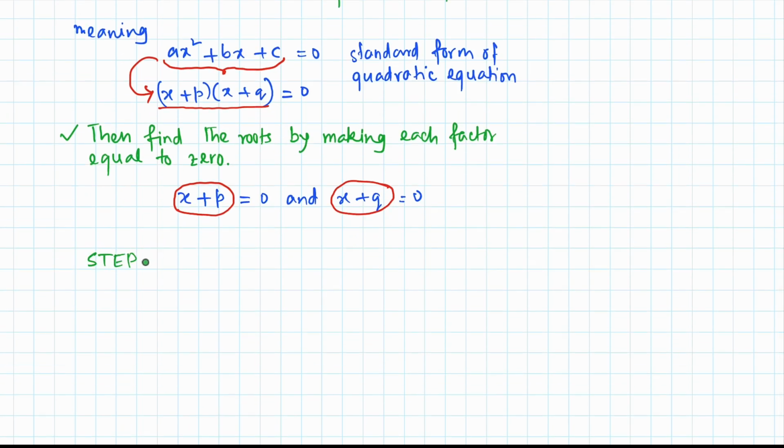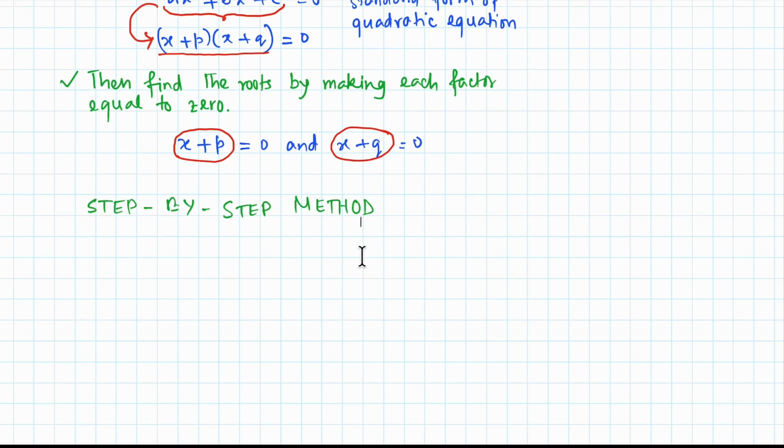Once we understand this factorization method, it will be clearer when we take an example. Before that, we want to see the steps involved, a step-by-step method for factorization and finding the roots of the quadratic equation. Step number 1, write the given equation in the standard form.